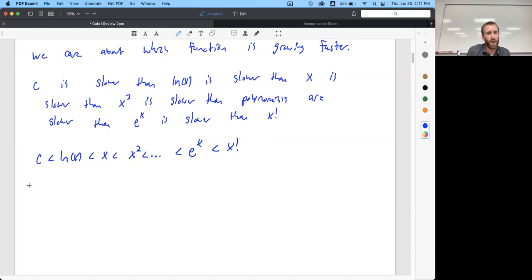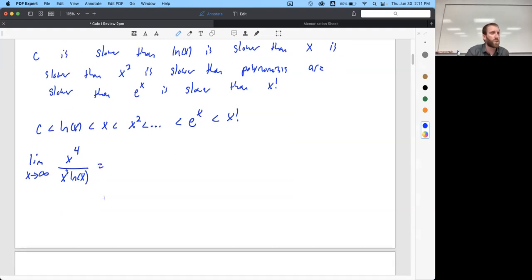And so if we know that progression, then these problems can become much simpler. And so if we have like x to the 4th over x cubed times the natural log of x. It's like, okay, well, we could do the L'Hopital's rule several times here until we don't get infinity over infinity. Or you can just kind of think about, well, x to the 4th, that's bigger than x cubed, of course, but this natural log is kind of playing a part here.